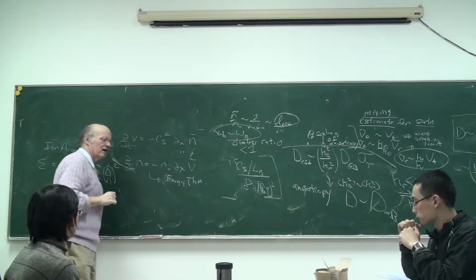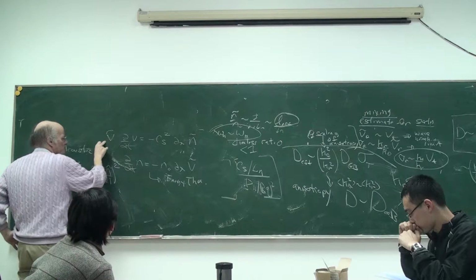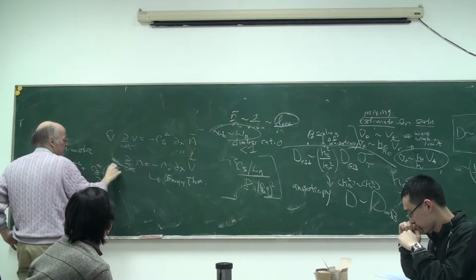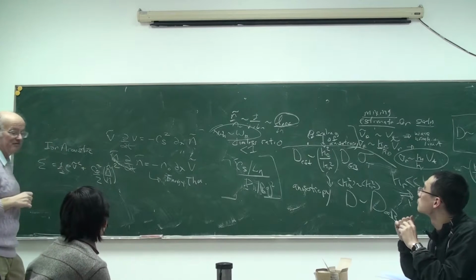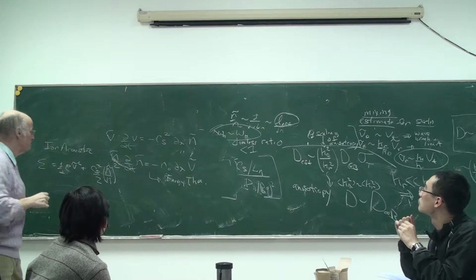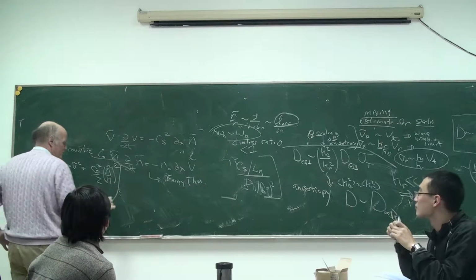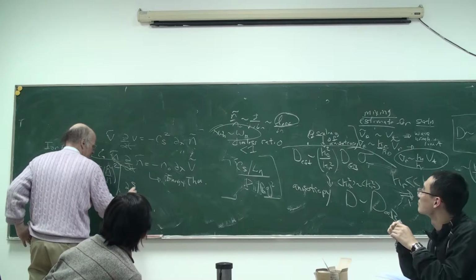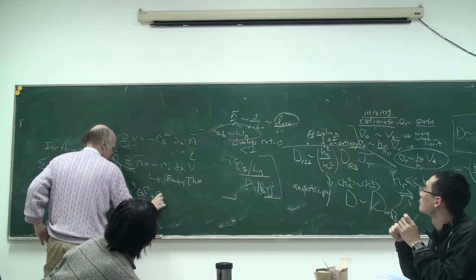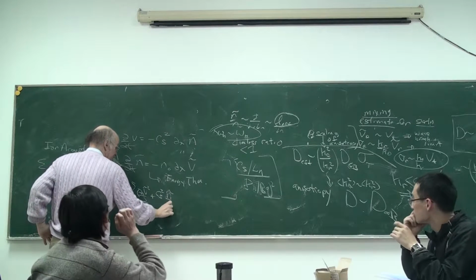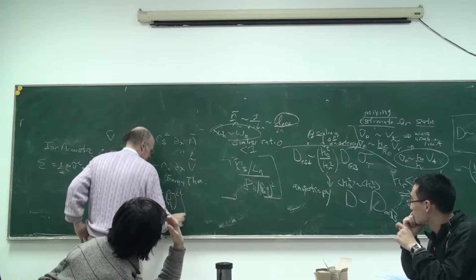The way you do it is, if you multiply this by v, then you have to multiply that by n, and actually by c s squared times n. Then what you get is d by dt of rho naught v tilde squared over 2 plus c s squared n tilde over n naught squared. This is your energy density.